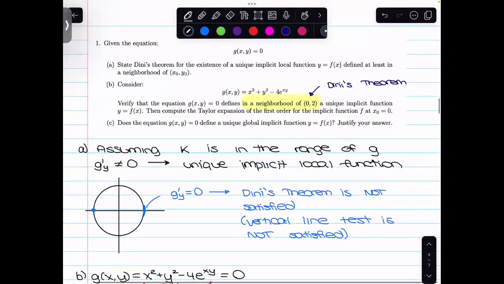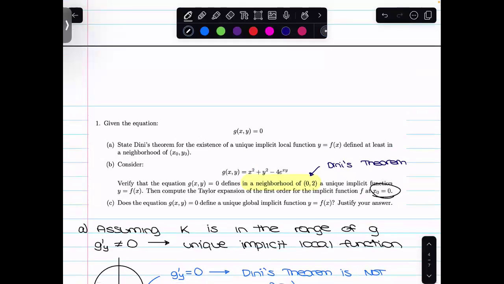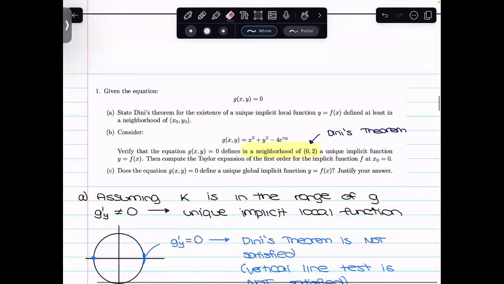So they want the Taylor expansion of the first order at x0 equals 0. They also made a mistake in the answer, a very minor thing, but we're going to see what it is in a second. First of all, we can plug in 0. And even if they hadn't called it x0 and had called it just x, make sure that you realize that's x0 still. So don't plug it in for x because that's supposed to stay a variable.